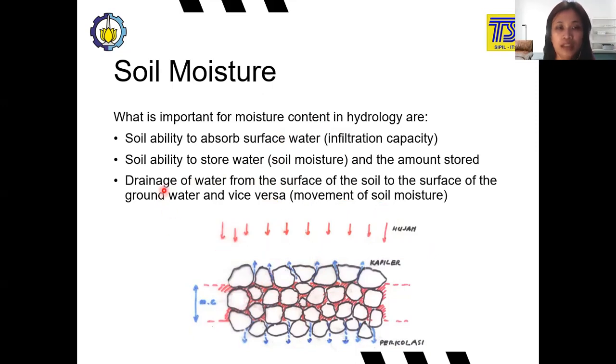The second one is the soil's ability to store water, the soil moisture, and the amount stored. After the water from the rainfall comes into the soil, some of it is stored inside the soil, which makes the soil moist, and this is called soil moisture.